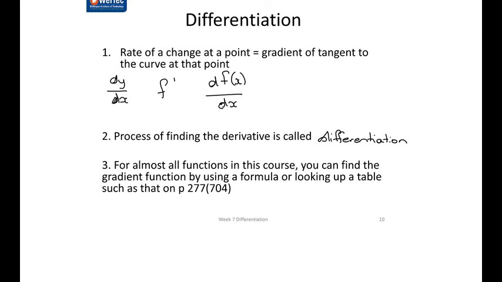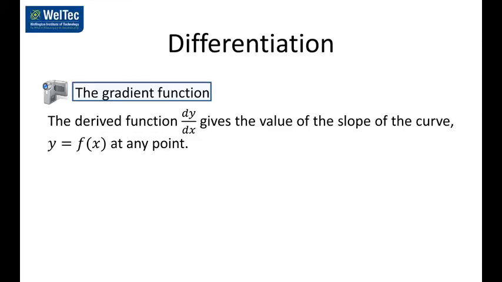Now, mostly, as far as this course is concerned, you're just going to look up the gradient function in a table. Sometimes it might be quicker and easier to start learning a few of them, but otherwise you'll be looking it up in a table, and you'll be given a limited table of derivatives in the exam. So in summary, the derived function, or the derivative, gives the value of the slope of the curve at a point.